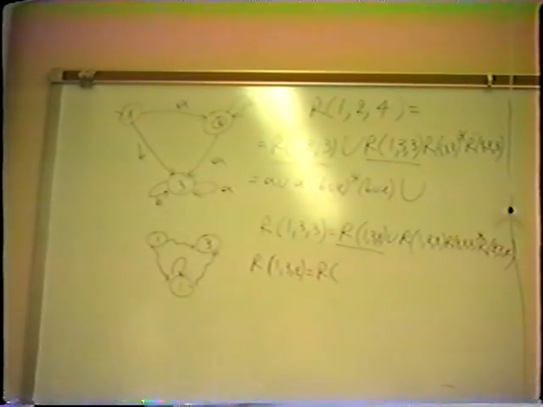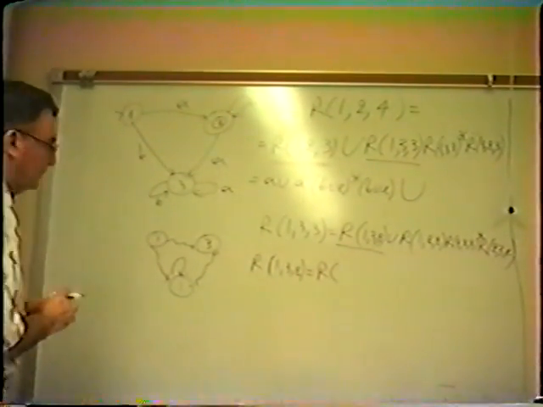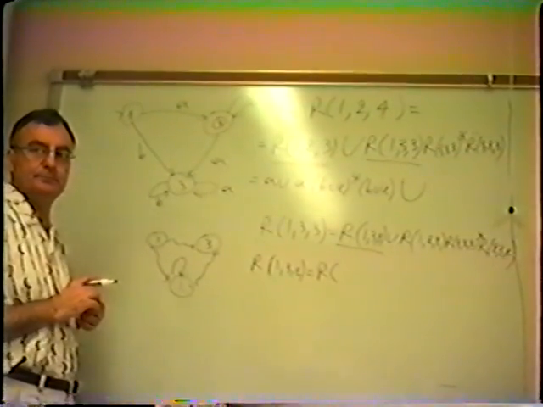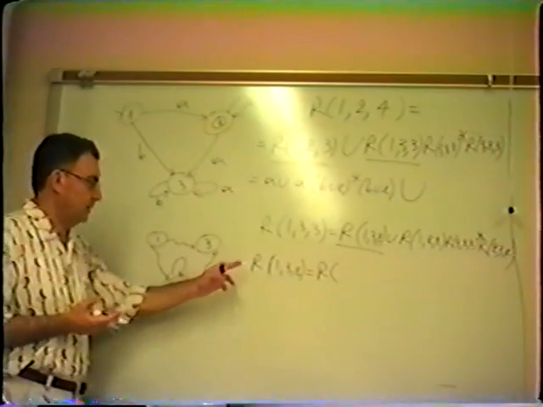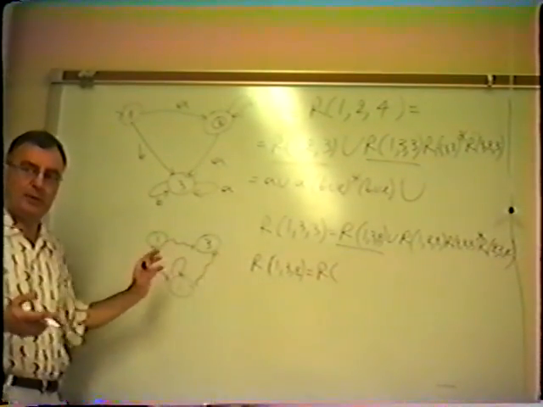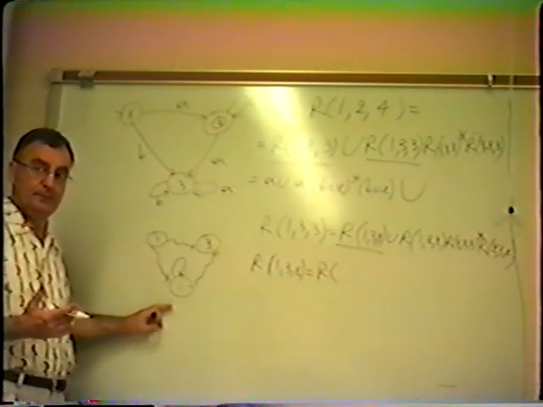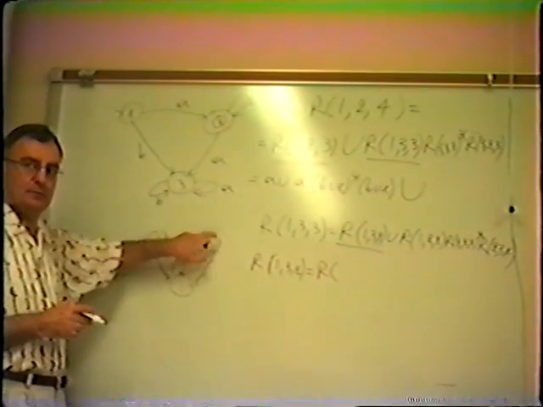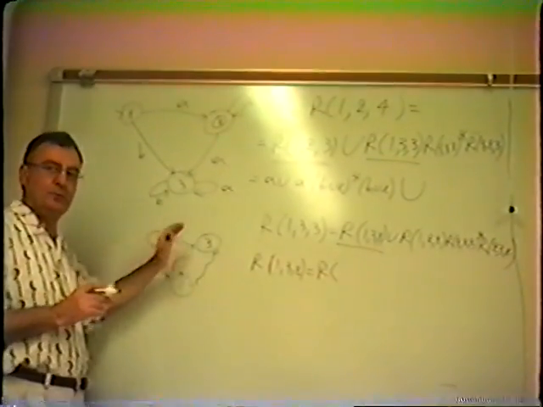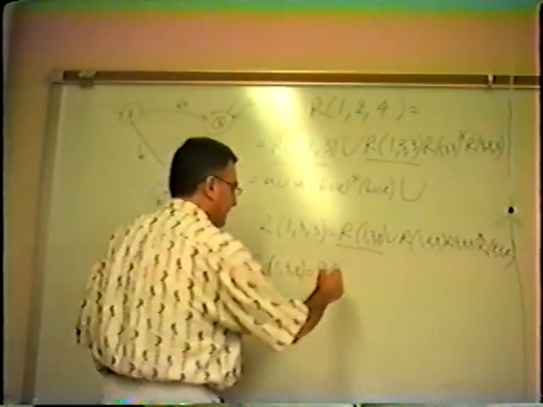What is 1, 3, 2? I want to go from 1 to 3 without crossing 2 or higher. The highest I can cross is 1. So it will be the strings R1, 3, 1, going from 1 to 3 without crossing that 1.